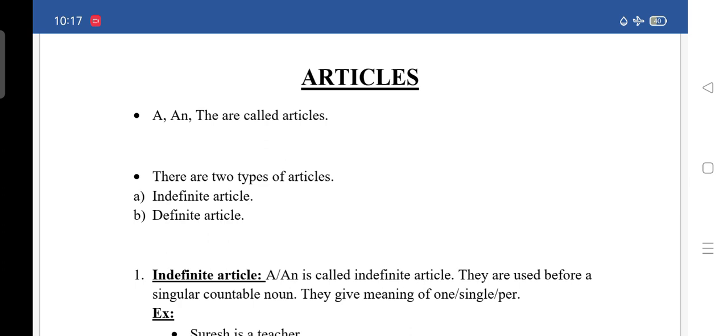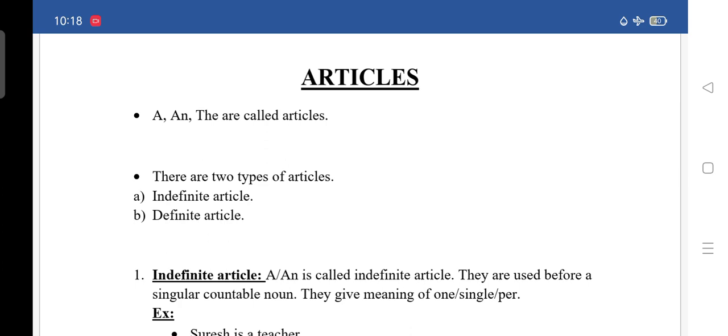Because this grammar is very useful for you, not only at school level, but also in your further education. Without knowing proper grammar, you can't write or speak properly. So I want you to listen and write them neatly in your notes, in a sequence. Don't mix it here and there. Write in a proper order in your notes.